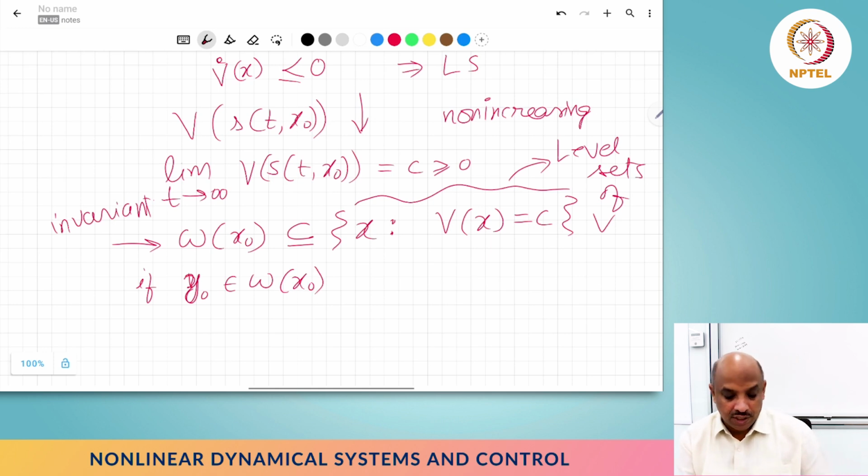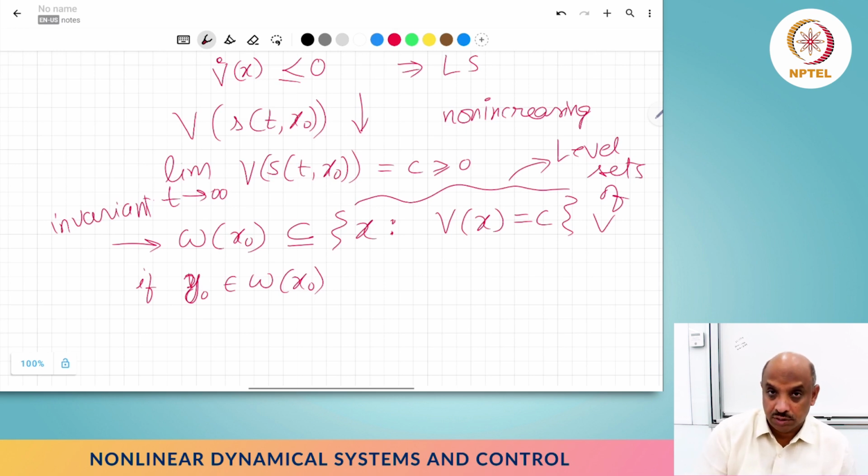This is a notation made in some sense. Omega of x0 is the limit set of some arbitrary initial condition we chose. The trajectory eventually is supposed to reach it, or not enter in finite time, but for the conditions we typically assume. But omega of x0 basically is the set of limit points of our original trajectory.